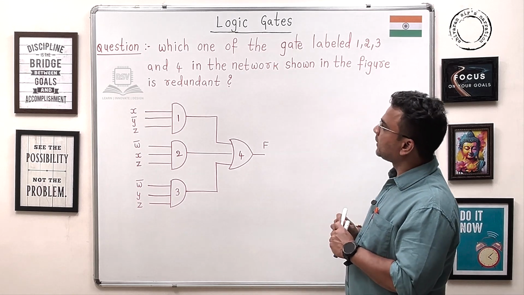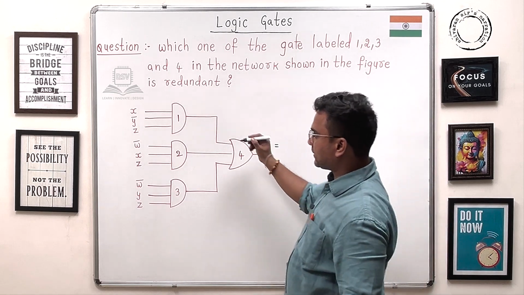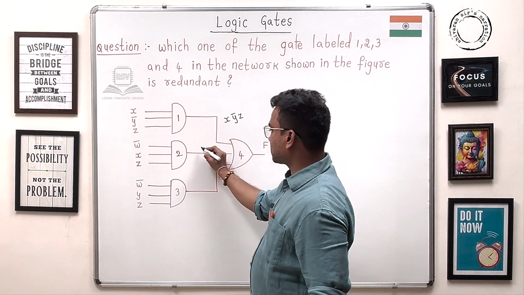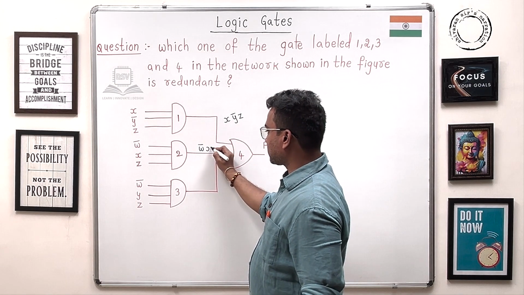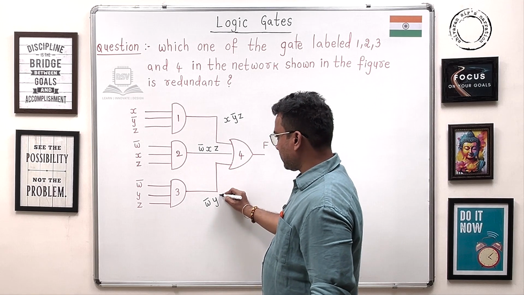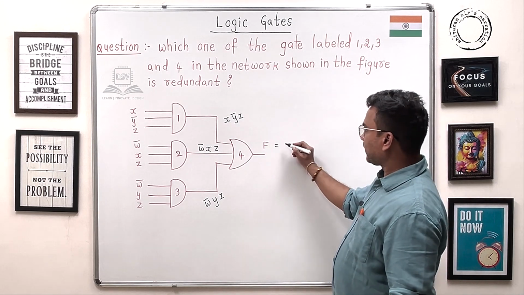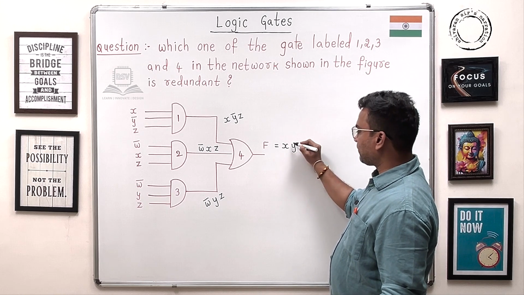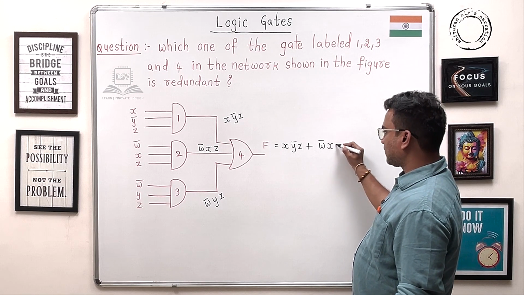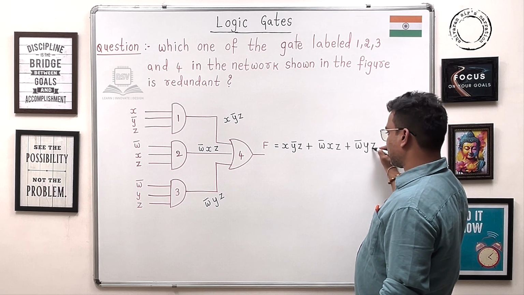Now coming to this, guys, what is f? If you write down the expression, this is x y bar z, this is w bar x z, this is w bar y z. So f is x y bar z plus w bar x z plus w bar y z.